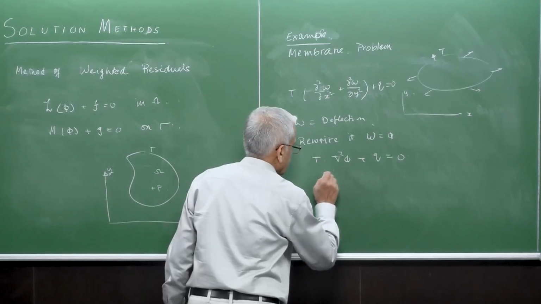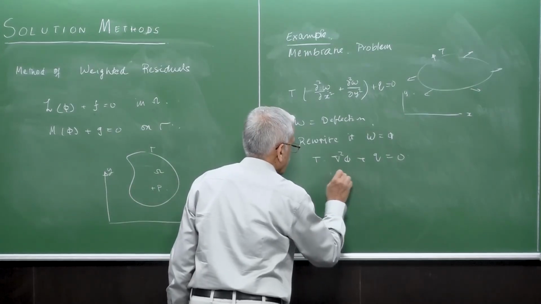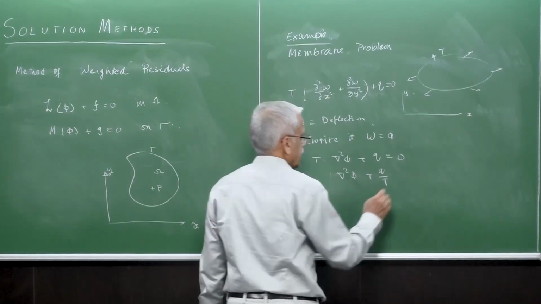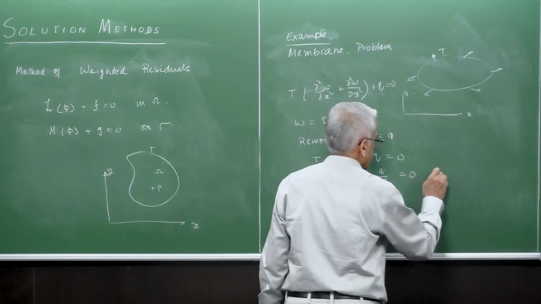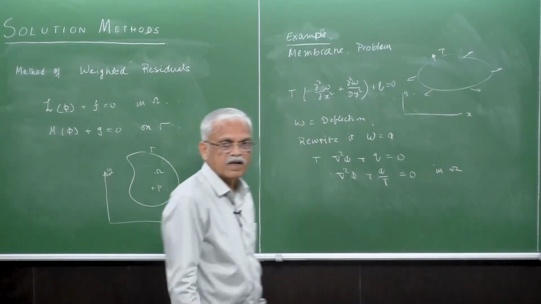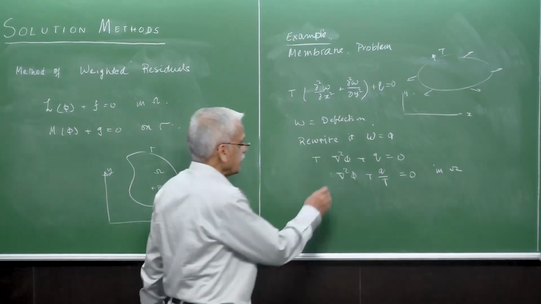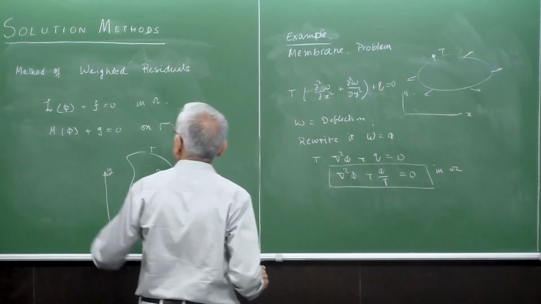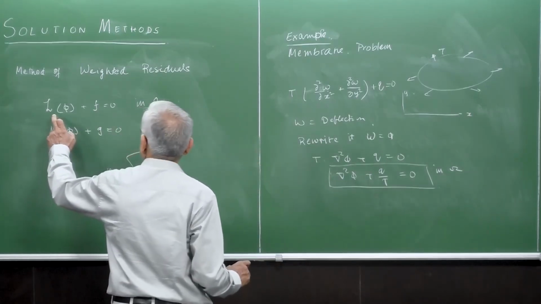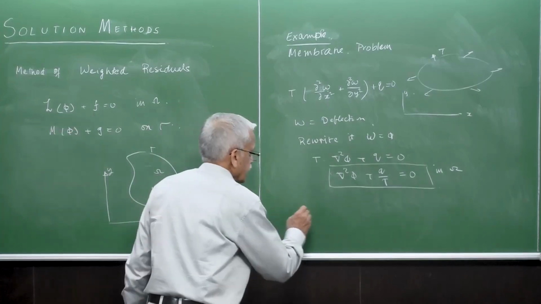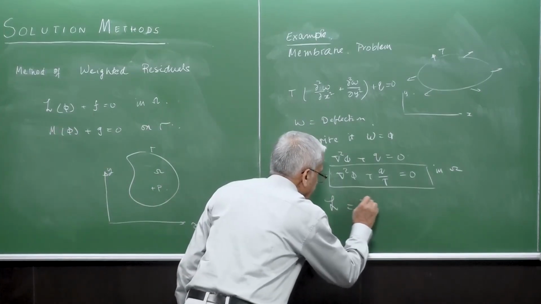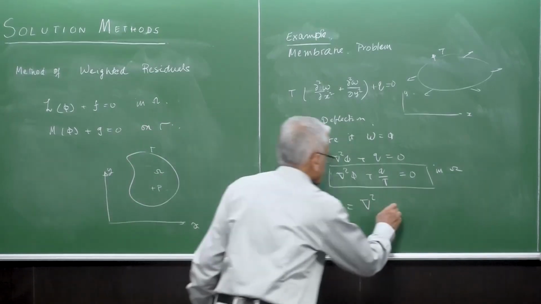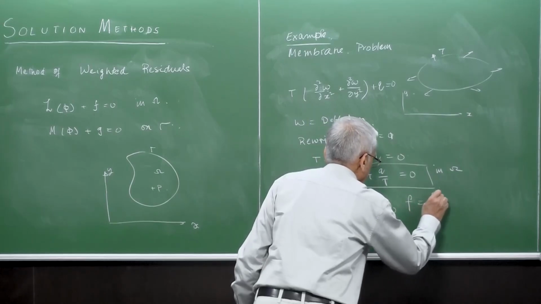And if you want, we can even rewrite it as del square phi plus Q by T equals 0 anywhere in the domain omega. You can see that this is the governing equation. So identifying it with this way of posing the problem, L is equal to the del square operator and f is Q by T.